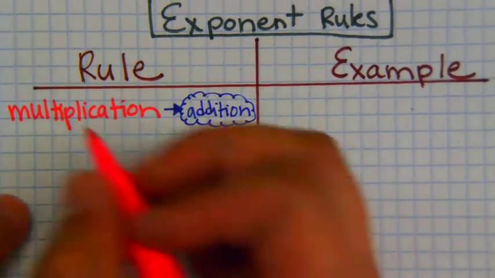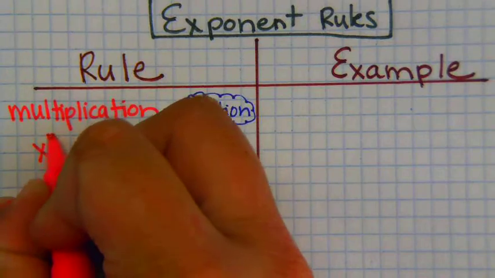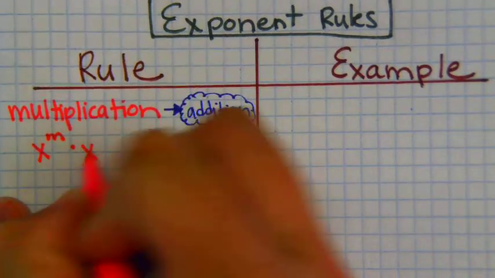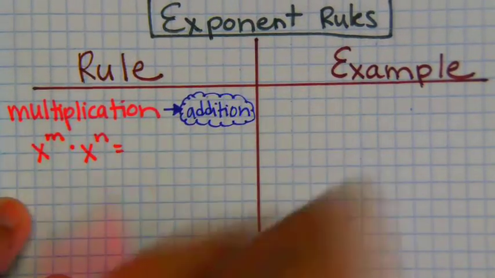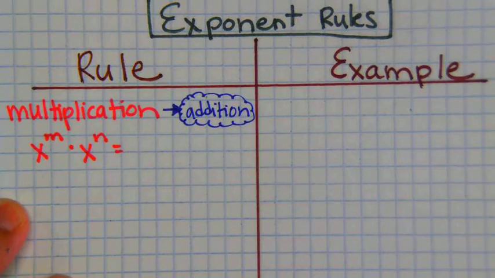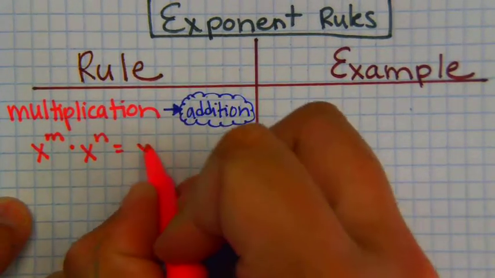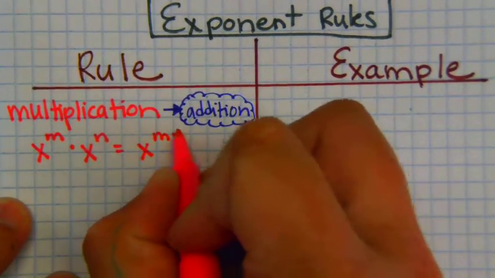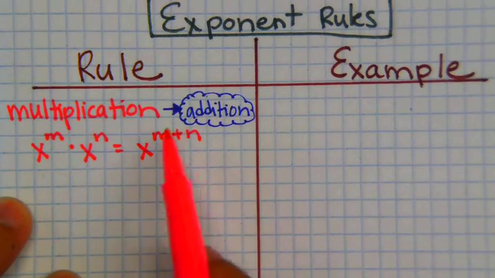The rule says that x to the m times x to the n is going to equal x to the m plus n, because you're adding here.